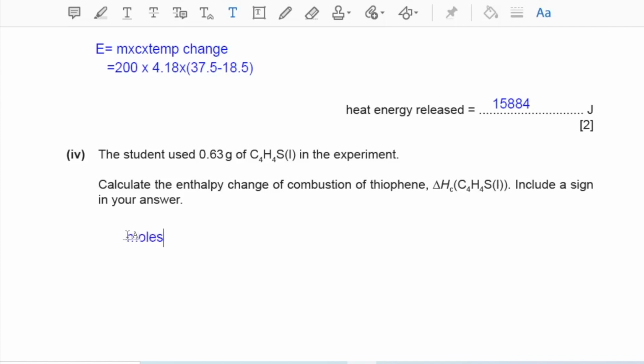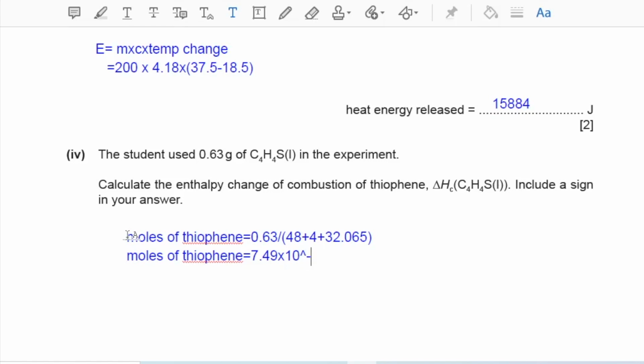So moles of thiophene is equal to mass, which is 0.63, divided by relative formula mass of thiophene, which is 48 plus 4 plus 32.065. Hence, moles of thiophene are 7.49 into 10 to the power minus 3.